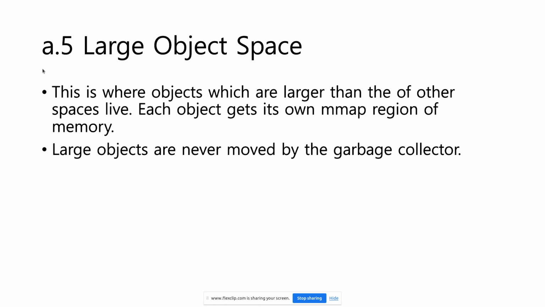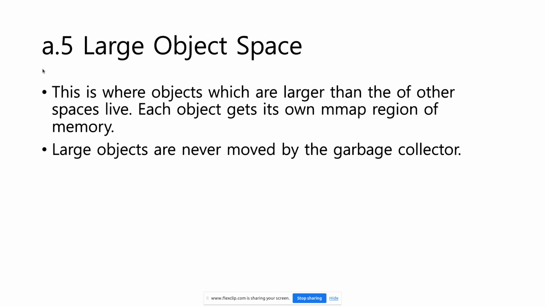The explanation might be a bit weird, but I recommend you study file systems, how operating systems work, and how the kernel works. Okay, let's skip this. So, what is large object space?